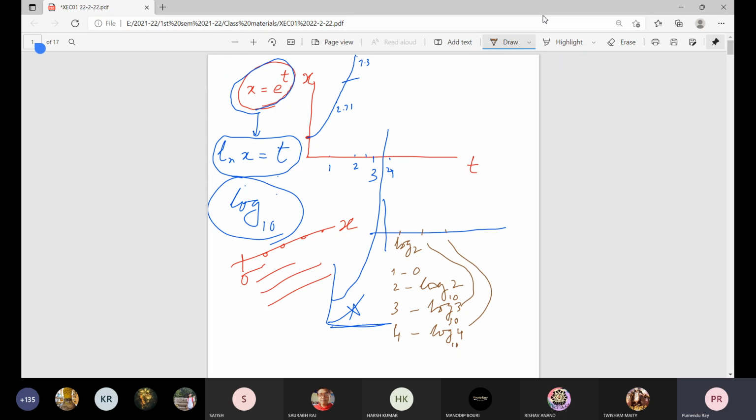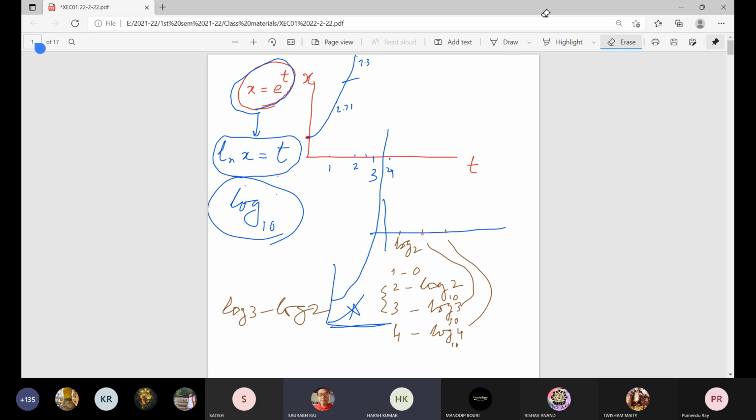Now what about this spacing? For a standard millimeter or centimeter graph, the gap between 1 and 2, 2 and 3, 3 and 4 is uniform. But what about the gap between log 2 and log 3, log 3 and log 4? The difference log 3 minus log 2 is log 3 by 2, that is log 1.5.